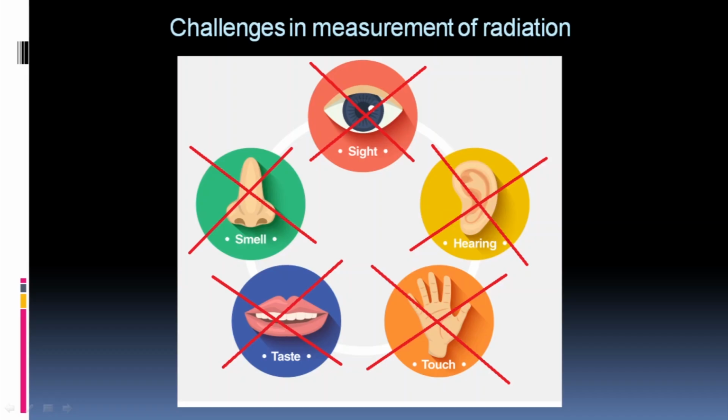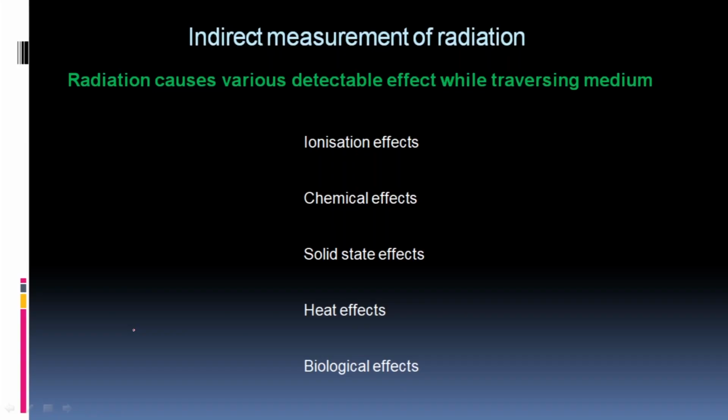But the problem with radiation measurement is we can't see the radiation, we can't smell the radiation, we can't hear the radiation, we can't taste the radiation, or touch the radiation. So, our sensory organs fail to detect radiation of any kind. So, how do we measure the radiation?